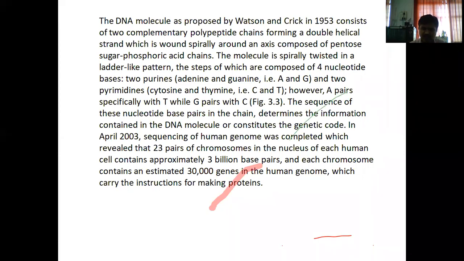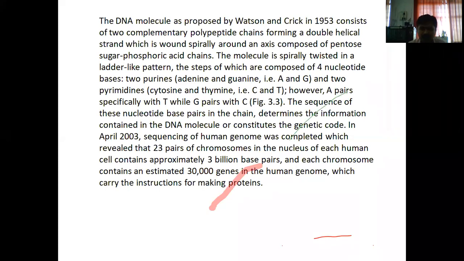The molecule is spirally twisted in a ladder like pattern, the steps of which are composed of four nucleotide bases: two purines, adenine and guanine, that is A and G, and two pyrimidines, cytosine and thymine, that is C and T.